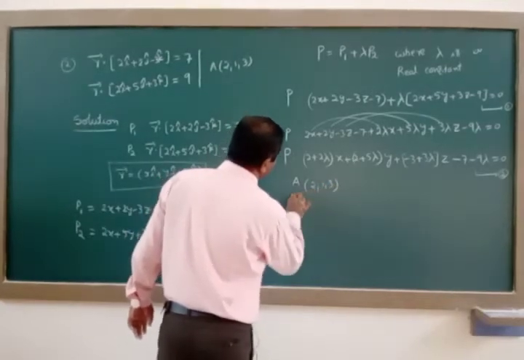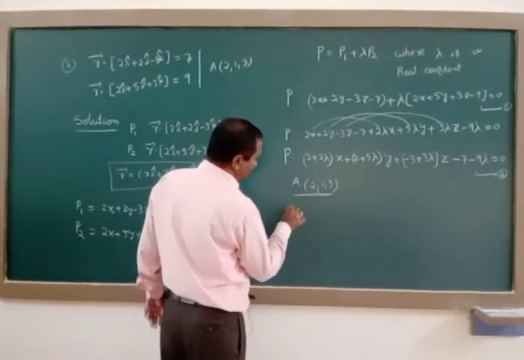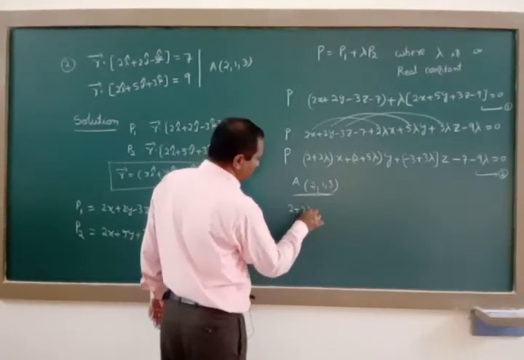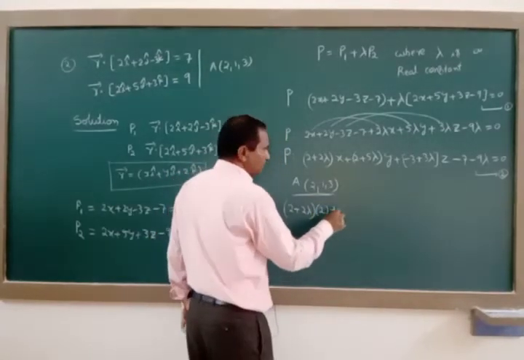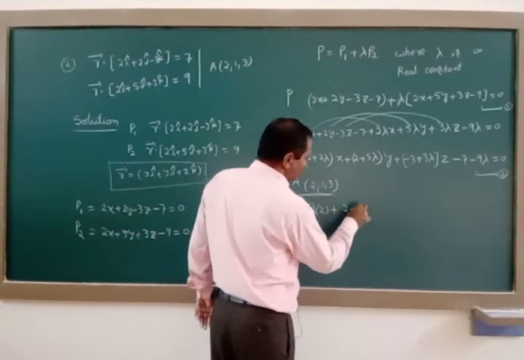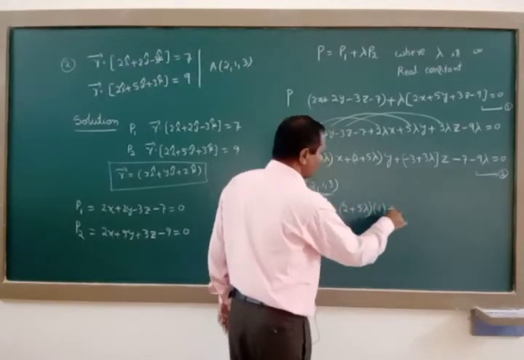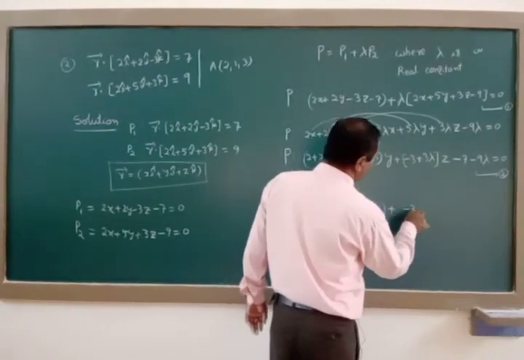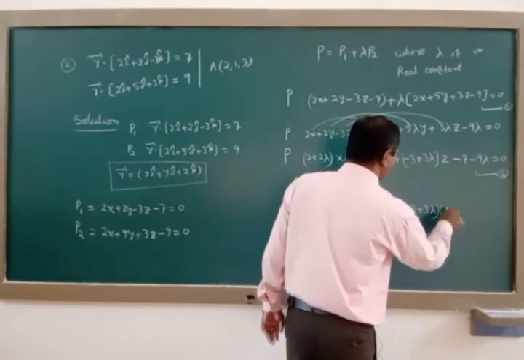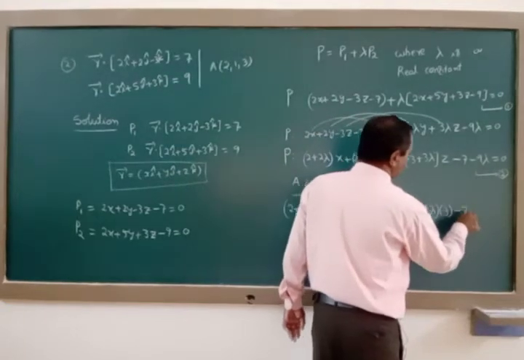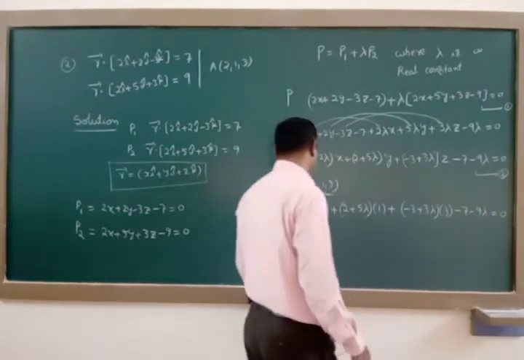Substituting, we get 2 plus 2 lambda of 2, plus 2 plus 5 lambda of 1, plus minus 3 plus 3 lambda of 3, minus 7 minus 9 lambda is equal to 0.